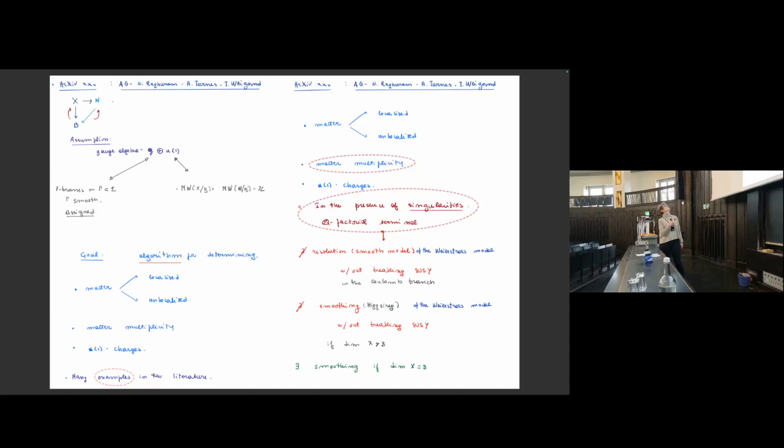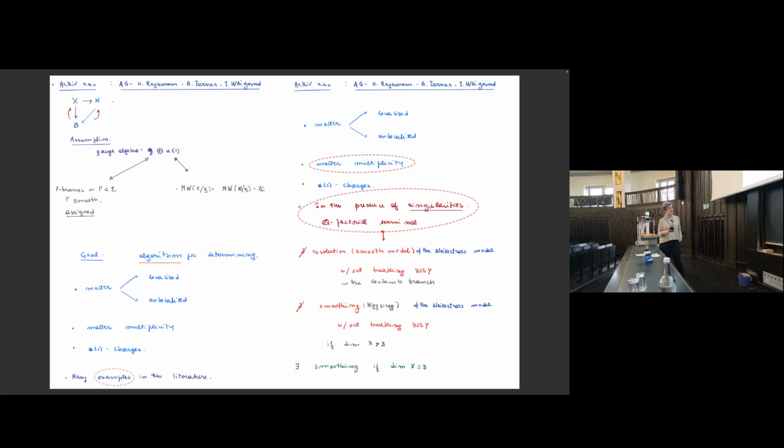So the goal of this paper is, given a gauge algebra, not group, today I'm talking about algebra, to determine an algorithm for determining the matter, which would be localized and unlocalized, the multiplicity of the matter, and the U1 charges, which will all appear in the spectrum, if we want to compute the spectrum, and other things.